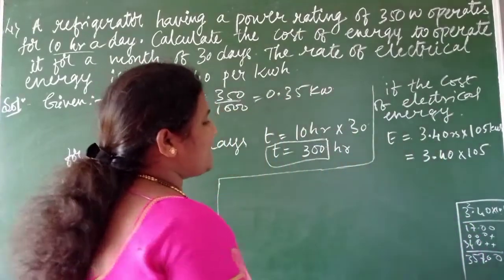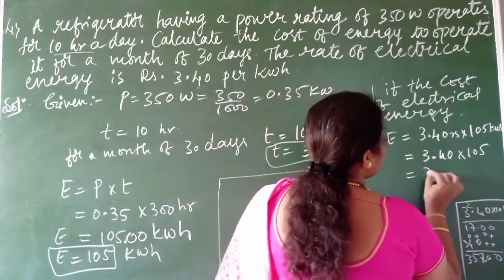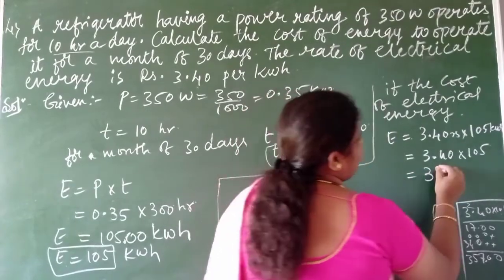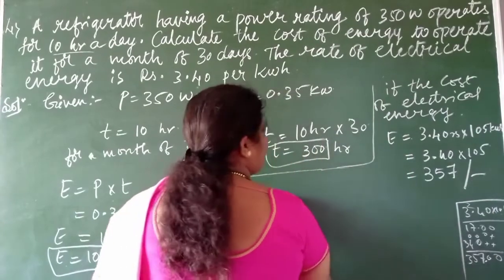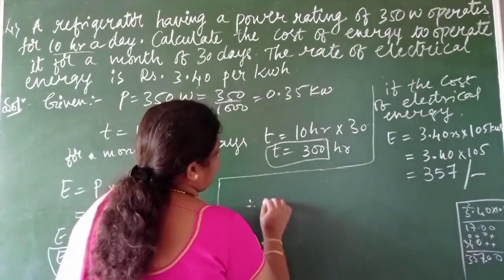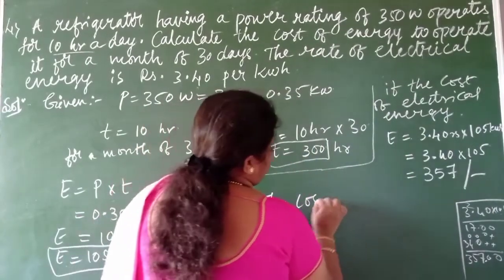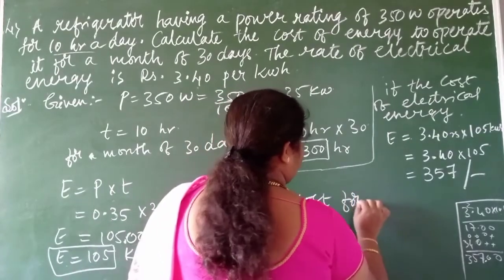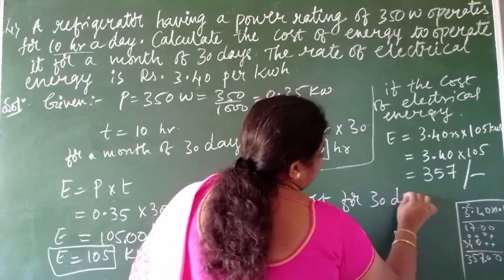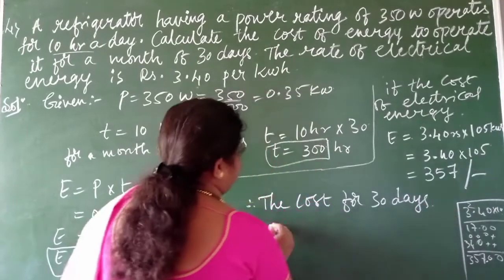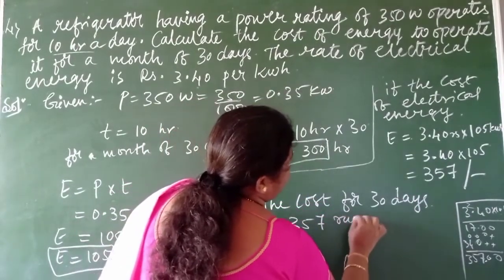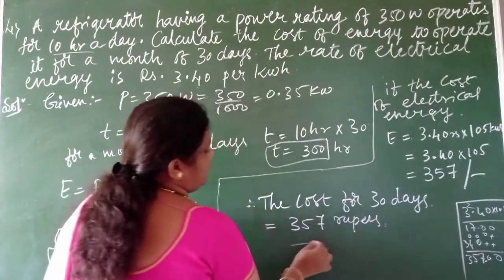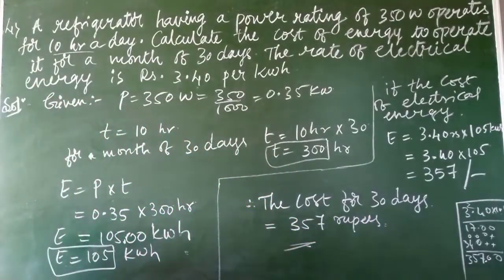So 357 is the cost for 30 days. The cost for 30 days is equal to 357 rupees. Isn't it, children? It's very simple.